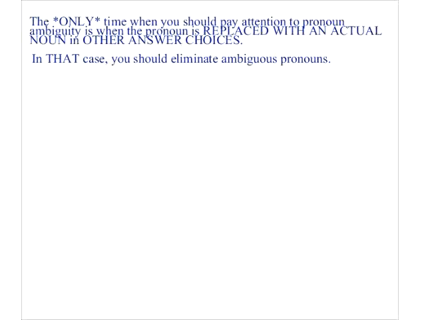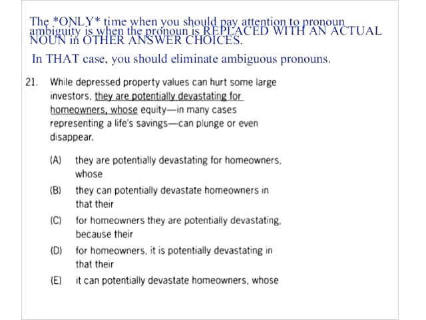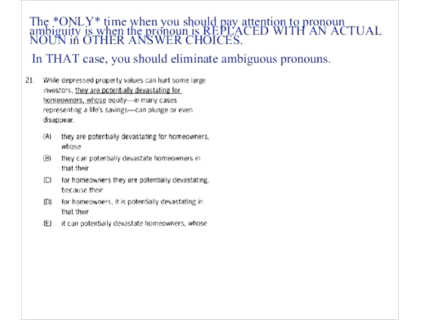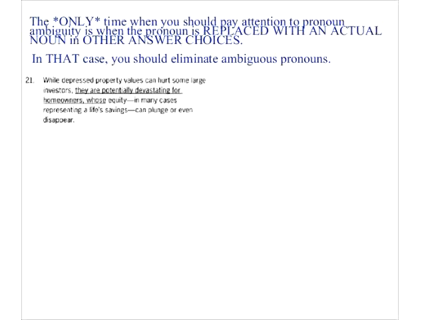Here's another problem in which there's a technically ambiguous pronoun. So there's this one, while depressed property values can hurt. The correct answer here is A. So we don't need to show you the answer choices here.